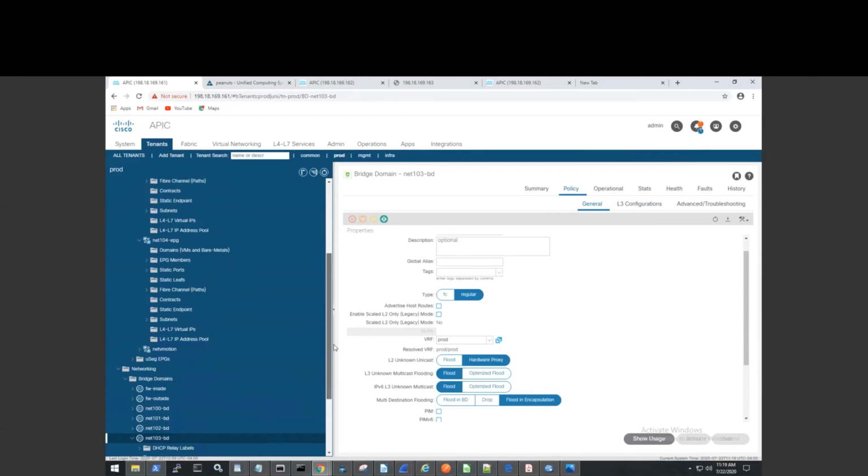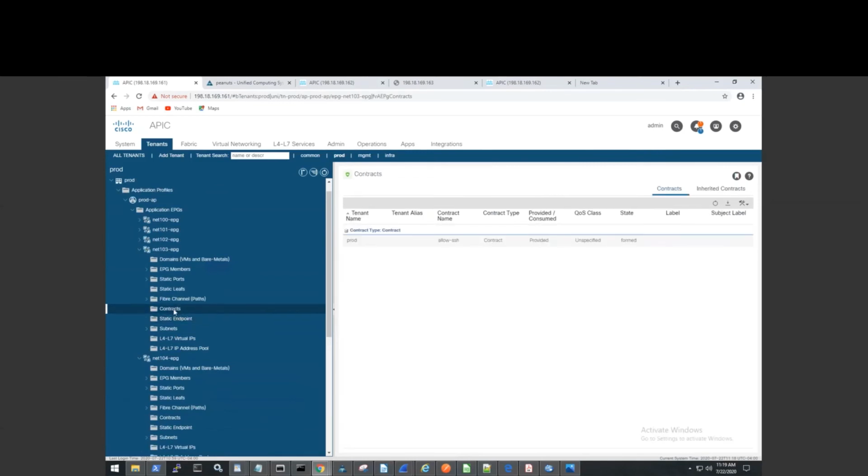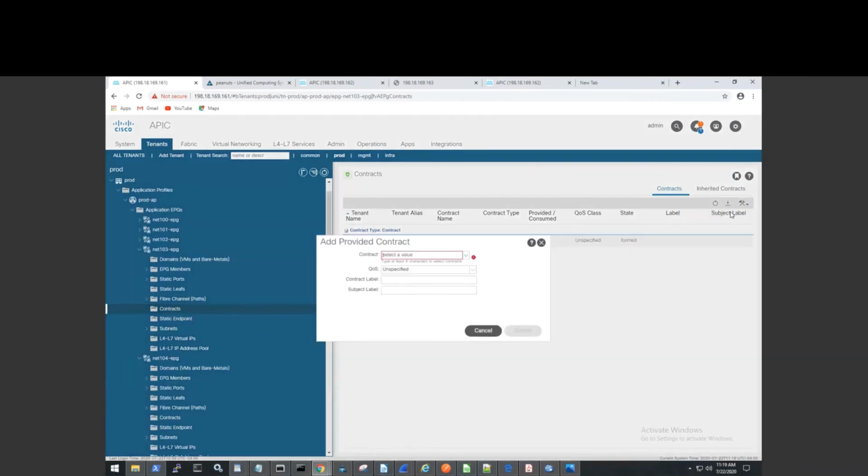So let's start the communication between the two EPGs. We're going to go to contracts, add a contract, add a provider contract. We're going to do permit anything.